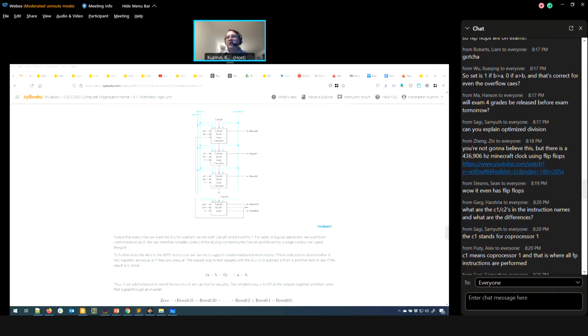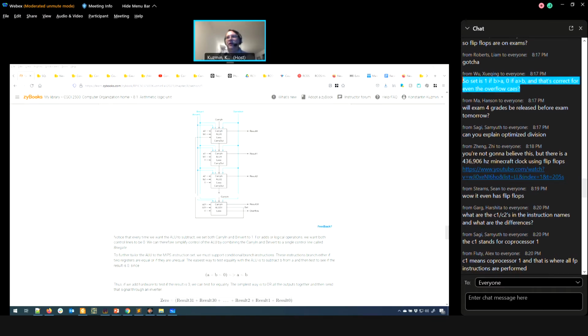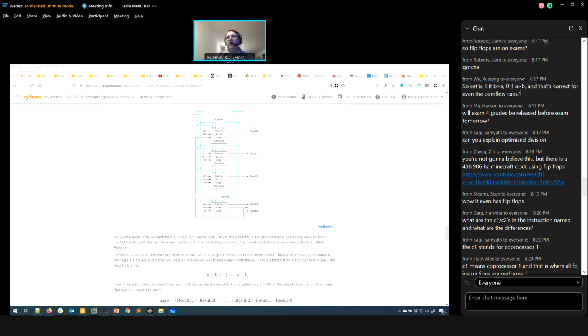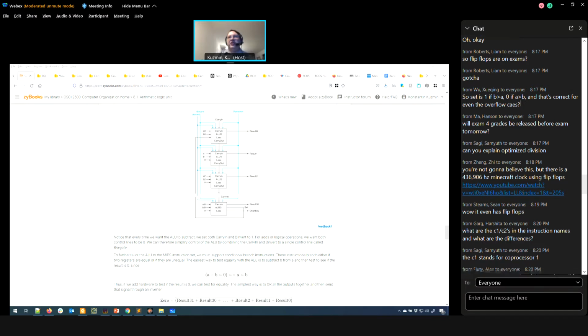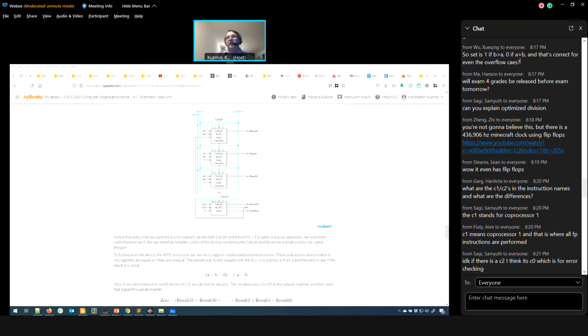So set is 1 if A is less than B, and that's correct even for the overflow cases. Yes, so SLT should work correctly. SLT A, B means the result is 1 if A is less than B. If A is not less than B, we can choose to set our result to any value other than 1.